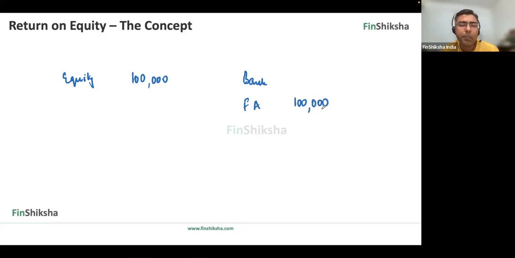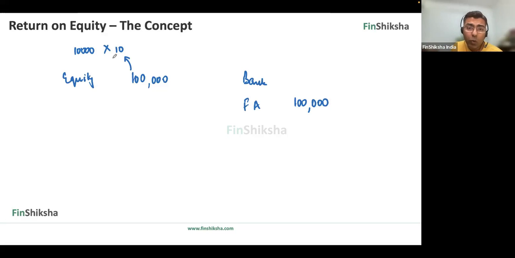We start a business, which gives us fixed assets worth 100,000. And just to keep things simple, let's assume that this equity was a function of 10,000 shares of 10 rupees each. That puts in the 100,000 equity.